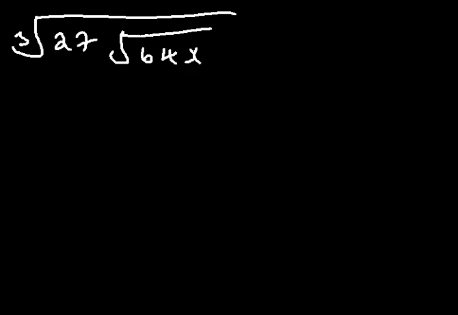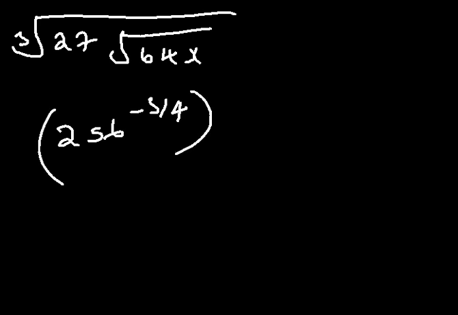Try to understand that in your own time. And what if we have 256 to the power negative 3 over 4, overall times to the power 4 over 3? Try to understand that according to the laws of indices and some other properties.